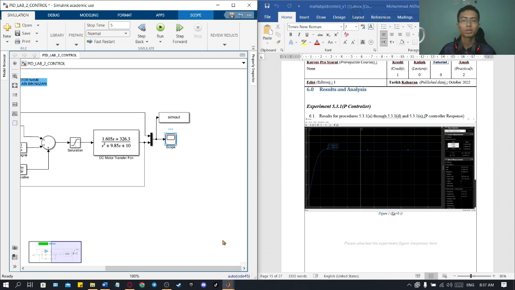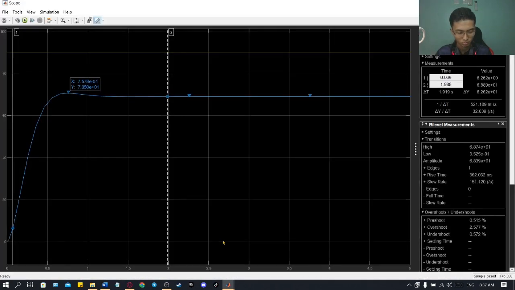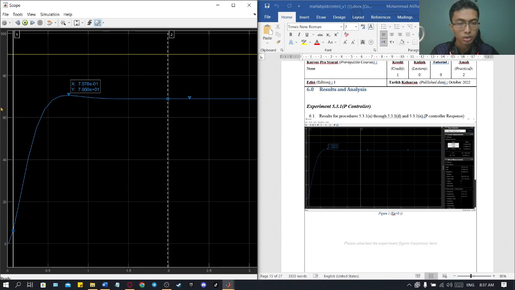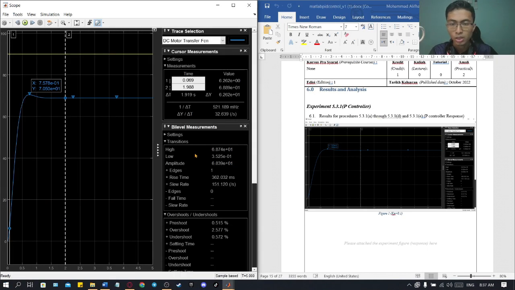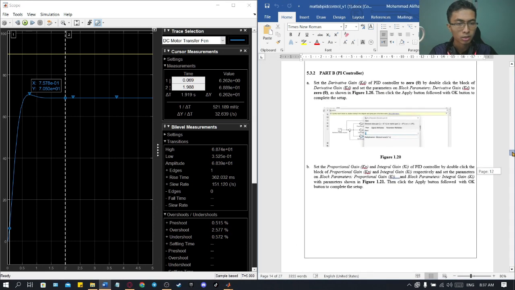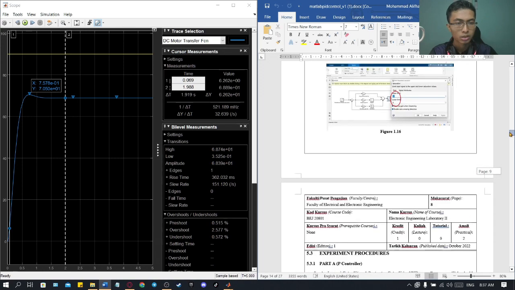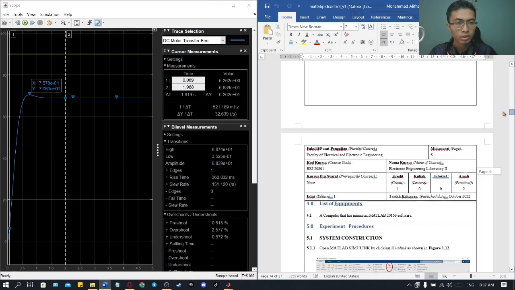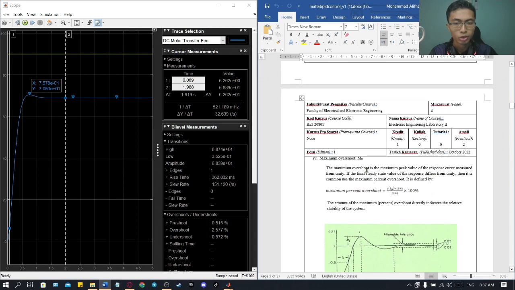Need to wait a bit. Okay, here is the scope. As you can see, it's almost the same as the P controller. Over here we can see the overshoot, or we can use the calculation for maximum overshoot.